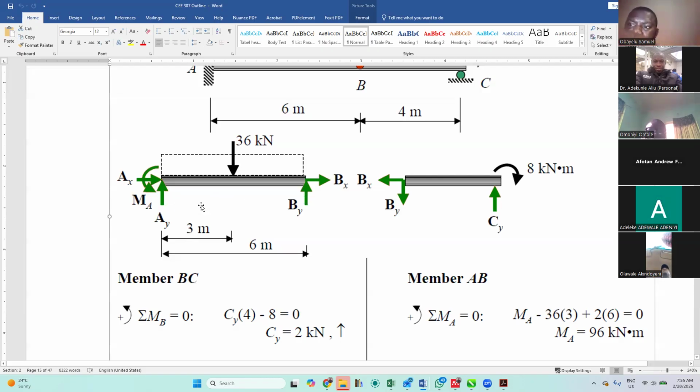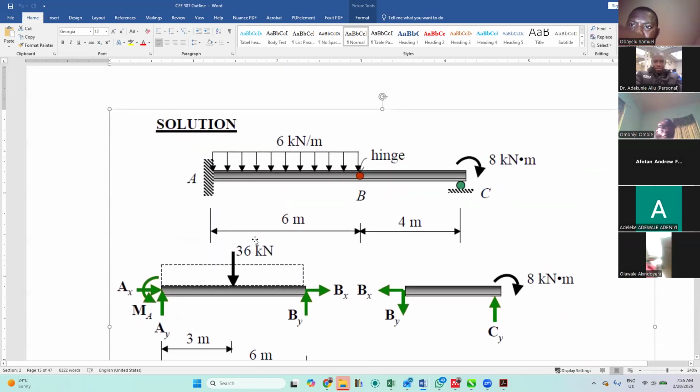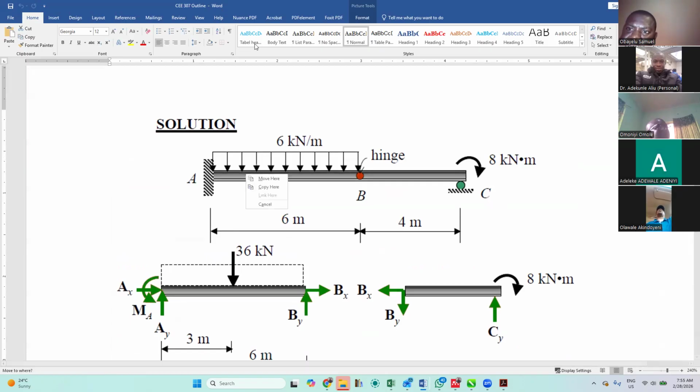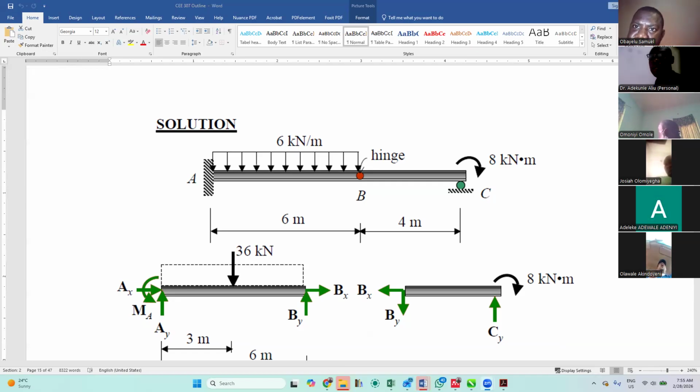Now, I think I need to put this on board. Let me put it on board. Can I share my screen? Let me see whether you can see my screen. Where's my camera? This camera is not clear.